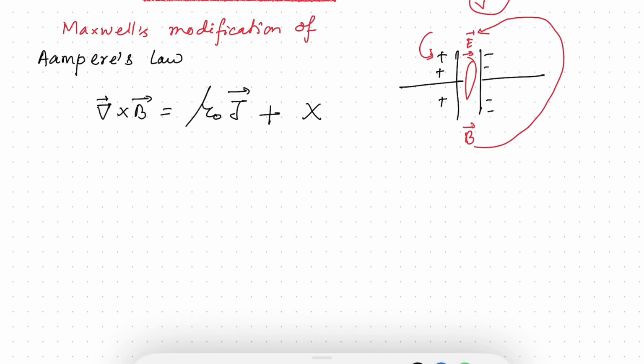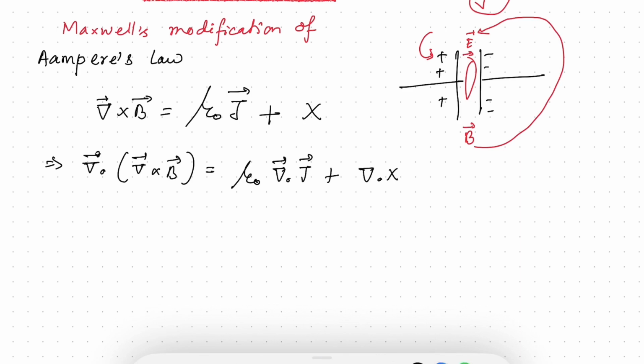Before that, we can take divergence on both sides. Divergence of curl of vector B is equal to mu naught divergence of vector J plus divergence of X. And it's a property of vectors that divergence of curl is equal to 0.